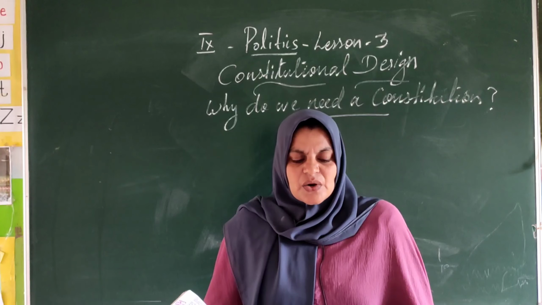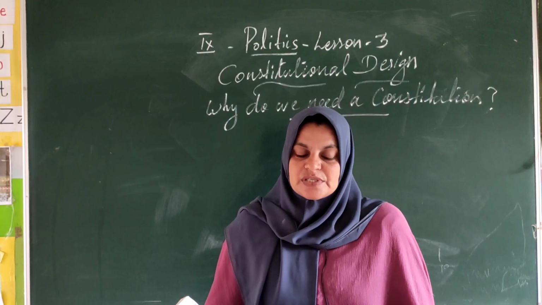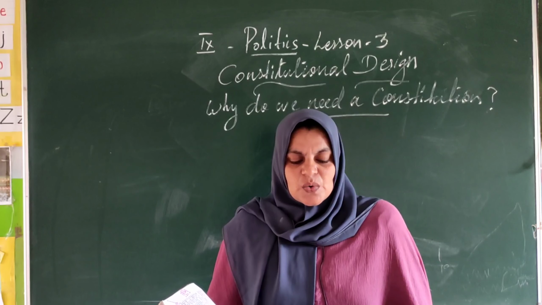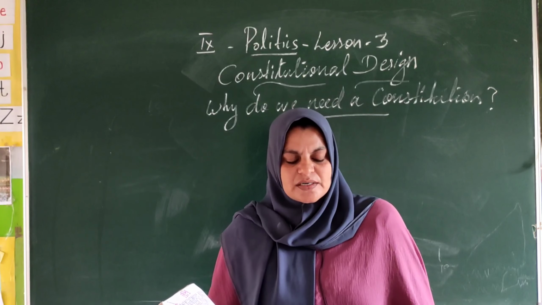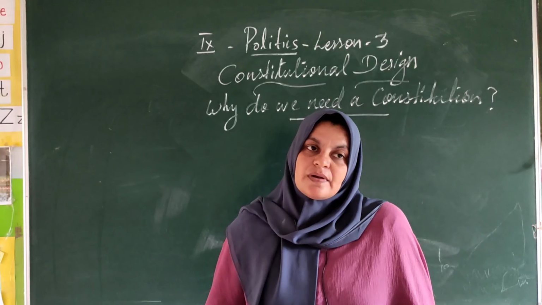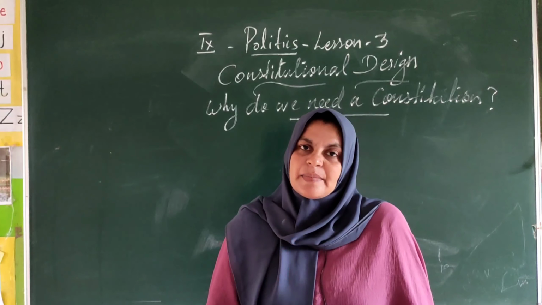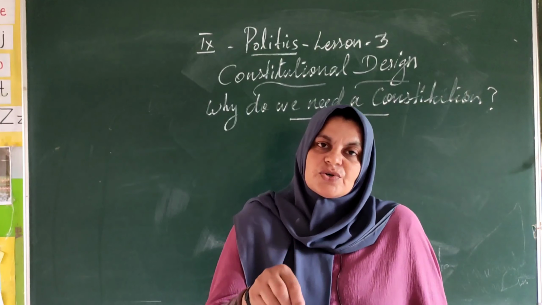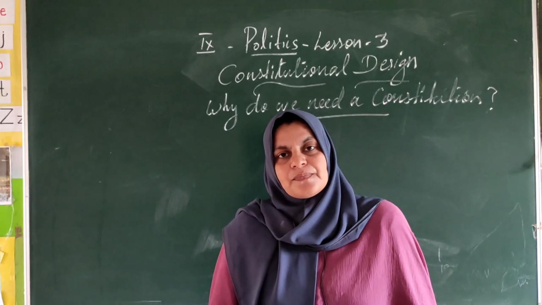And these rules lay down how the rulers are to be chosen in future. These rules also determine what the elected governments are empowered to do and what they cannot do. While they are writing the agreements, what the leaders should do or should not do, everything should be in written form.